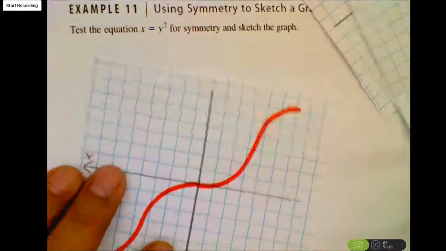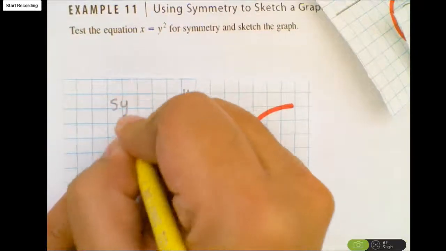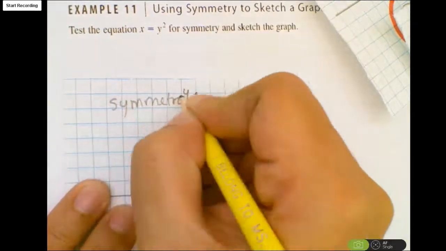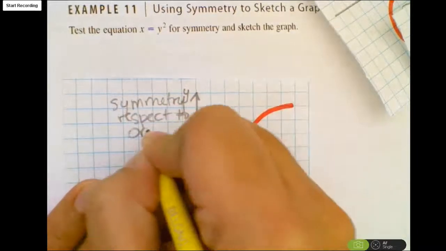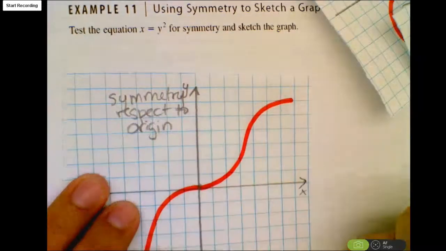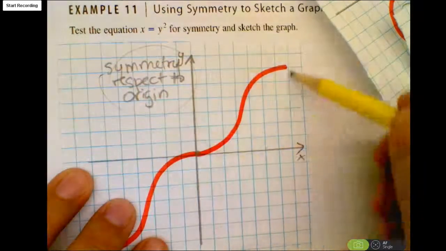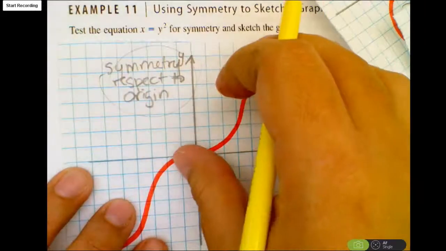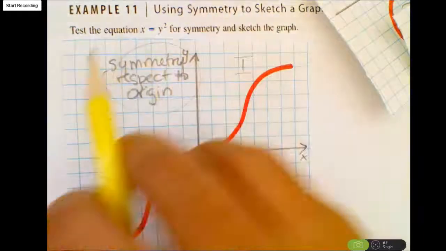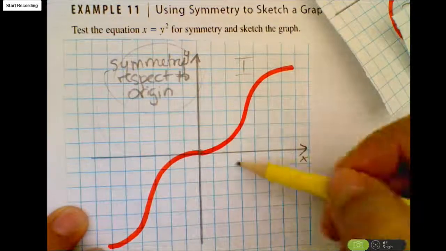And then the other type of symmetry that we're going to talk about in this section is symmetry with respect to the origin. Now this is something that is probably going to be a little bit harder to see, the origin being the point 0, 0. What this means is that anything that we may have graphed on the first quadrant is going to be repeated on the third quadrant, and anything graphed over here is going to be repeated over here.